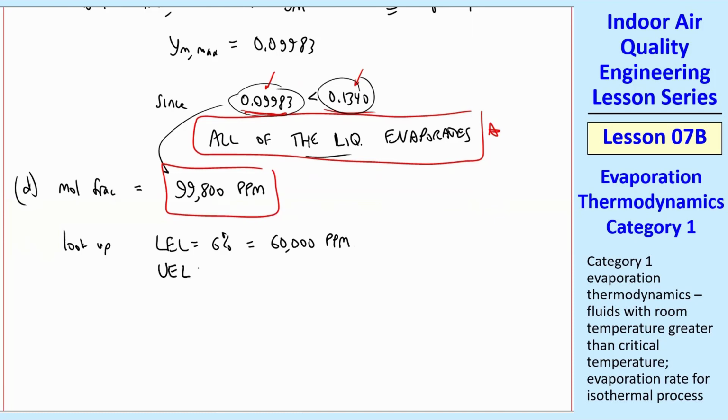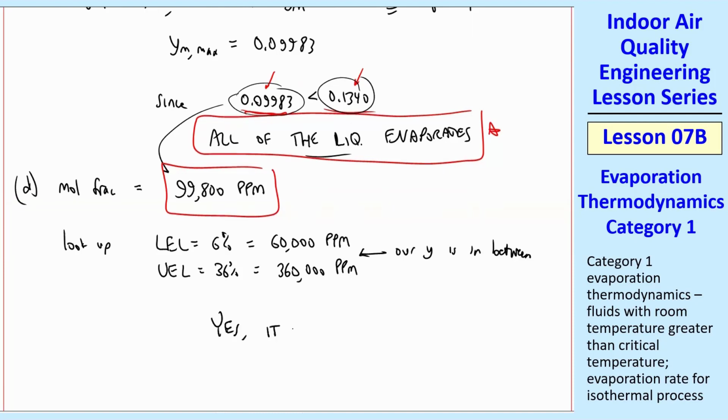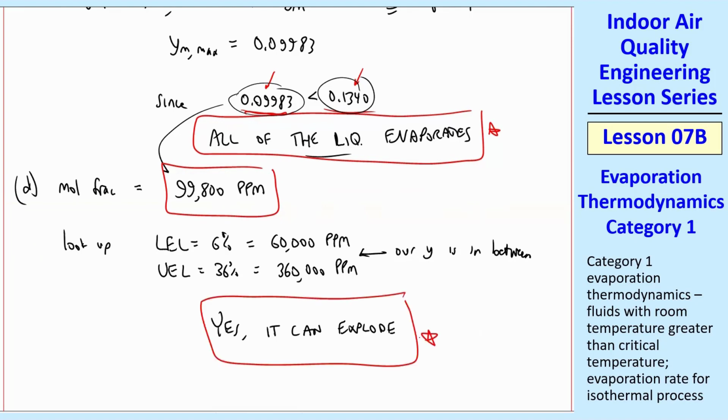The upper explosion limit is 36%, which is 360,000 ppm. Our Y is in between, so I would say yes, it can explode. It might not explode, but it can if there's a spark, and so that's the answer to that.